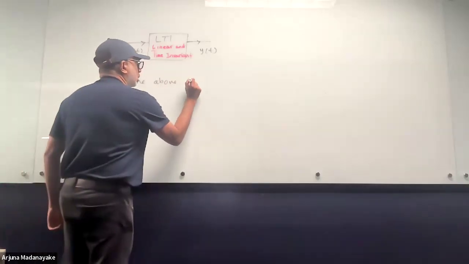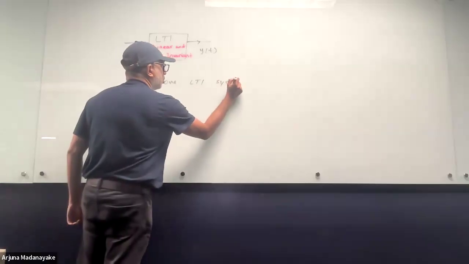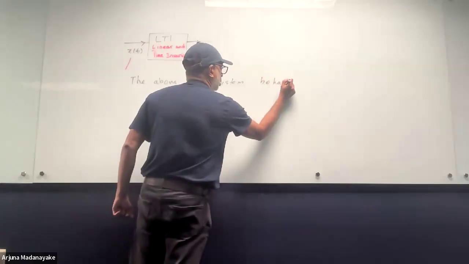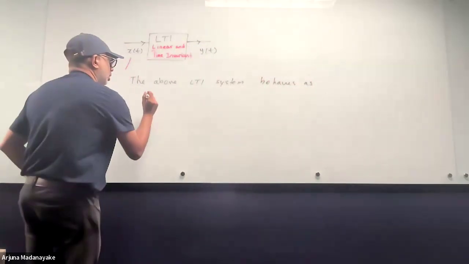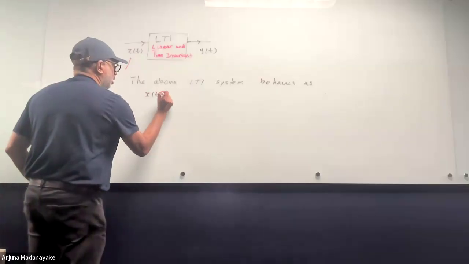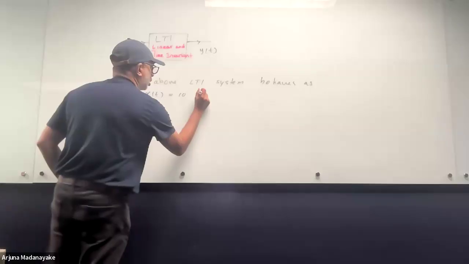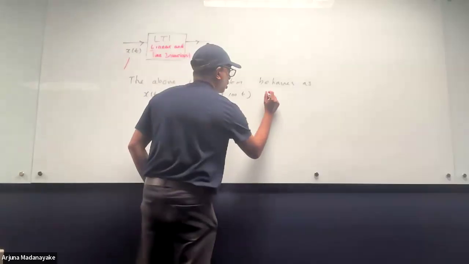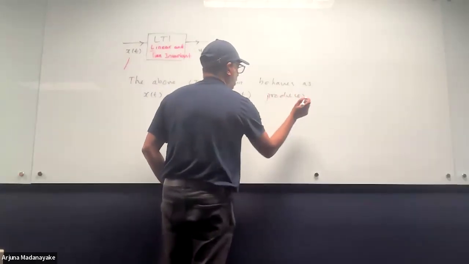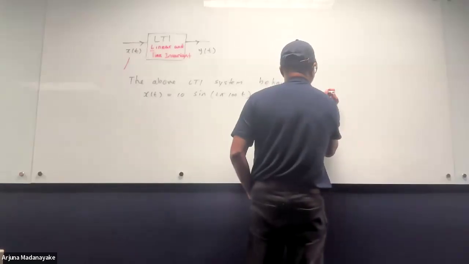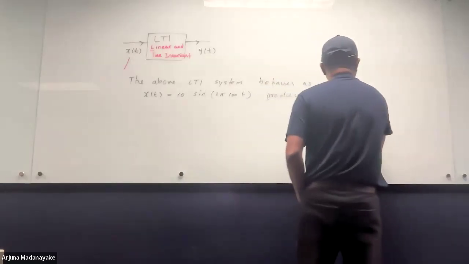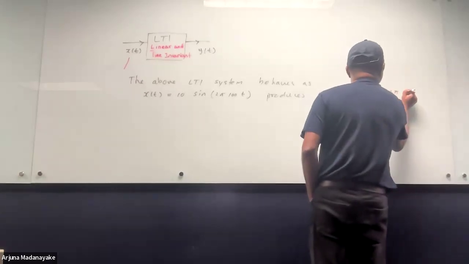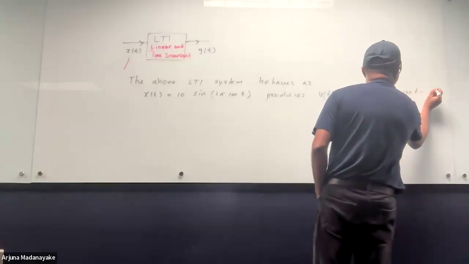Let's say the above LTI system behaves as: x of t is equal to n sine 2 pi 100t produces y of t is equal to 20 sine 2 pi 100t minus something.